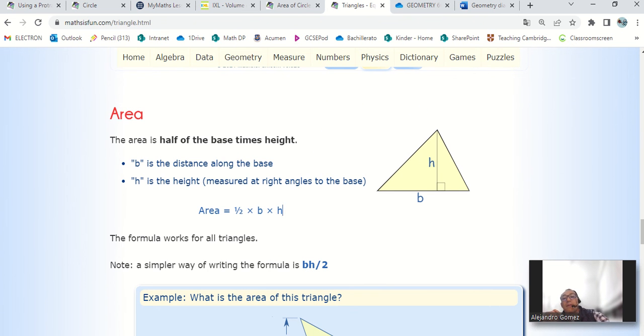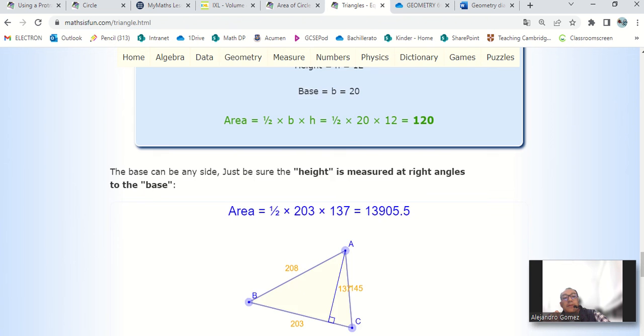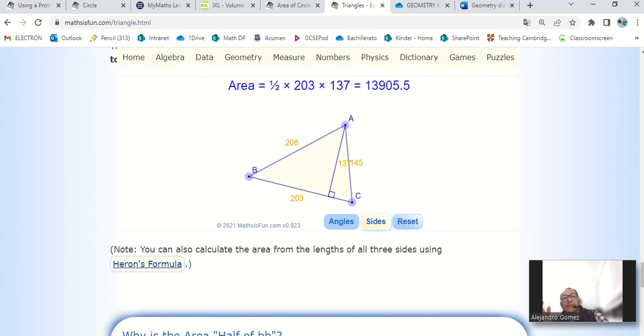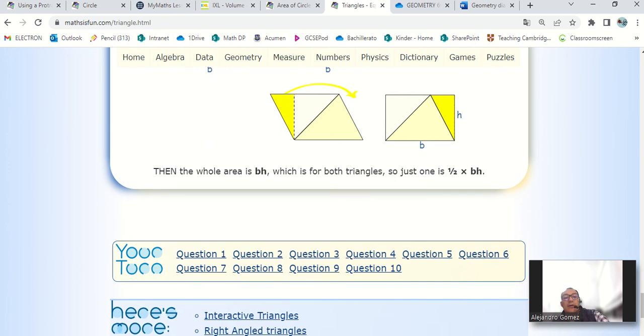No matter if the triangle is not exactly a right triangle with a 90-degree angle somewhere, but some other triangle. The idea is that you explore, that you find out how it works. There are plenty of questions, plenty of material.